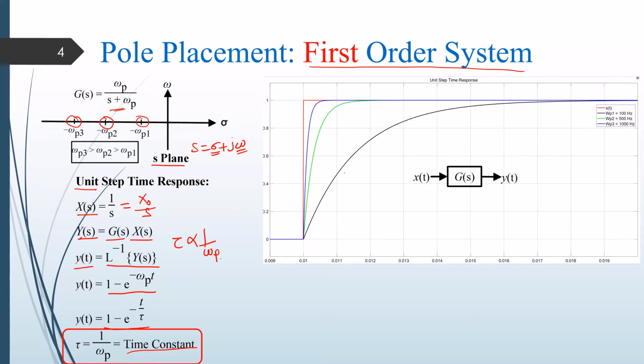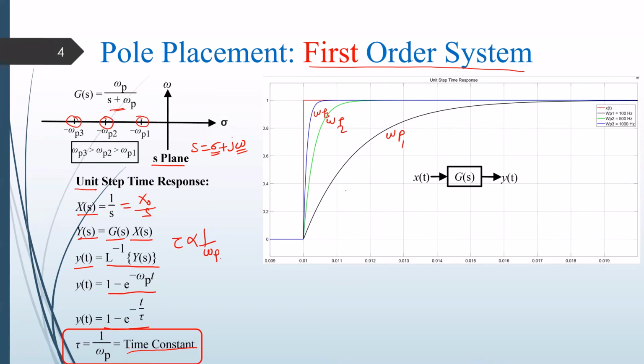Now let us study what happens for these 3 cases. Here you can see the graph and their labels. This is for omega p1, this is for omega p2, and this is for omega p3.